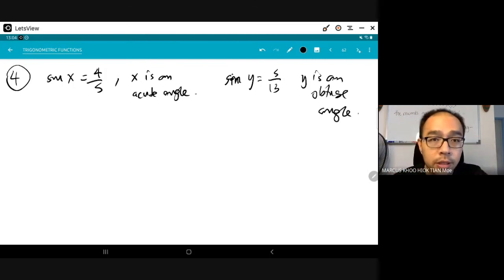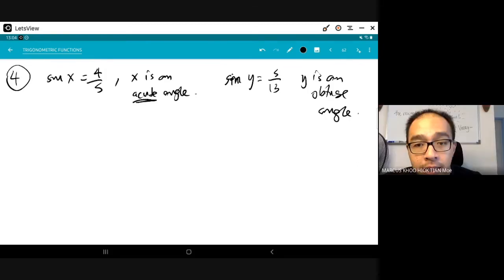The most important thing, whenever you get this, is to determine the quadrant first. What is the meaning of acute? Less than 90. Less than 90 means it must be in quadrant 1. So you don't need to think anymore.